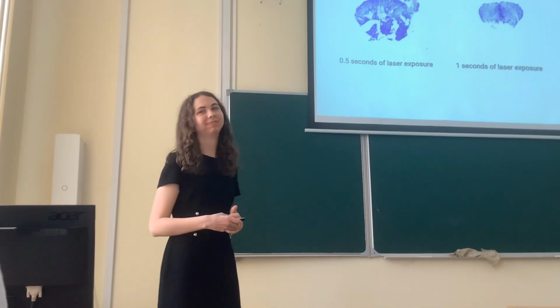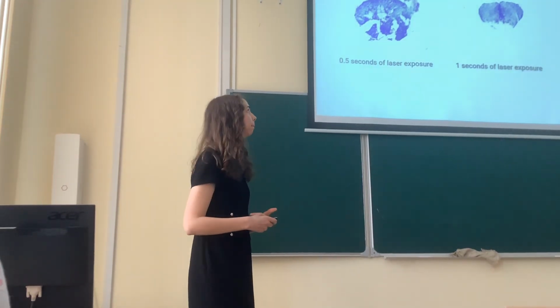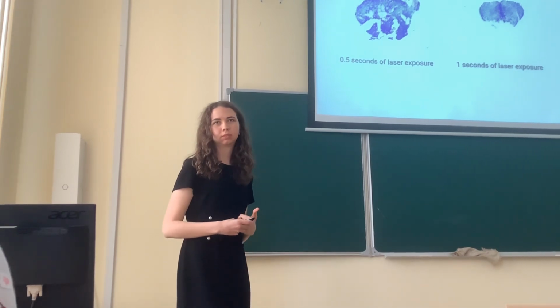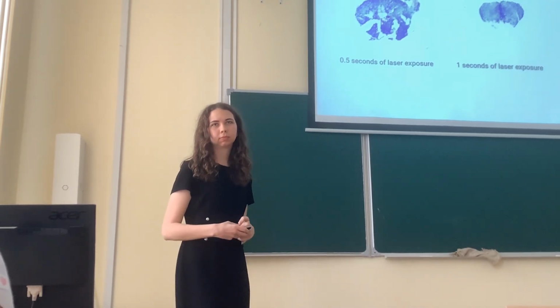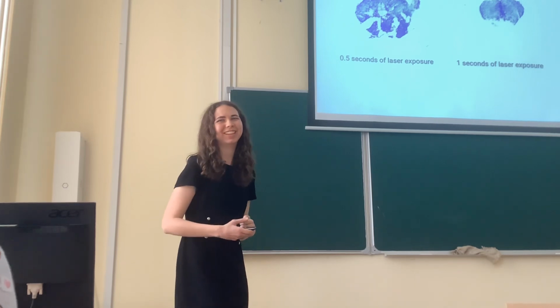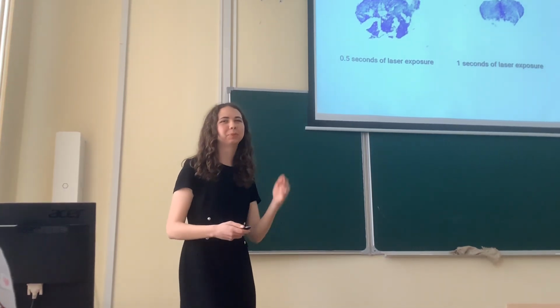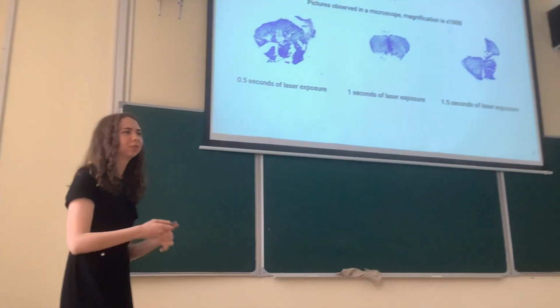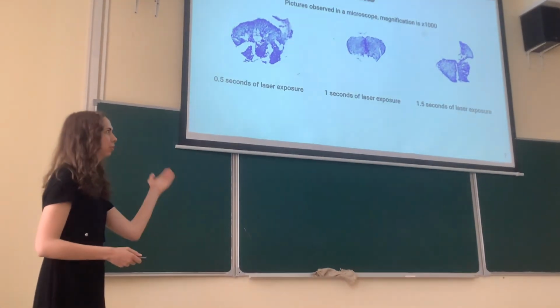What is the difference between the pictures? I mean, why do you need these 3 pictures? Like, the more you laser the brain, the better the result, more precise? Not necessarily better. We hope that, according to theory, there should be more damage to the cells.